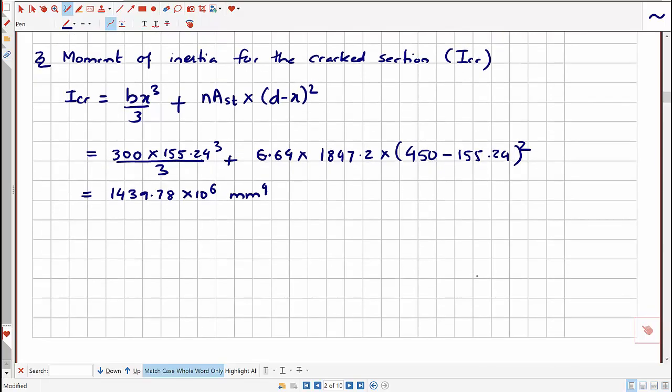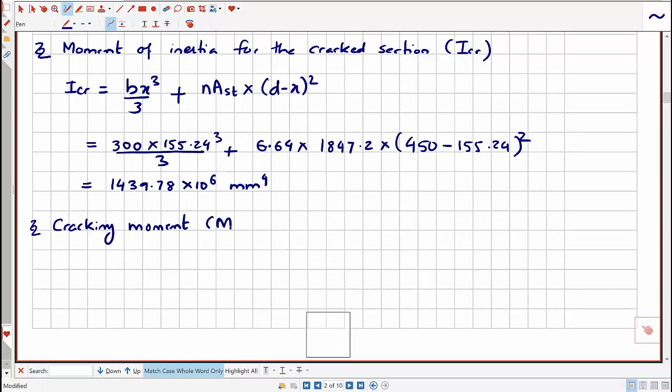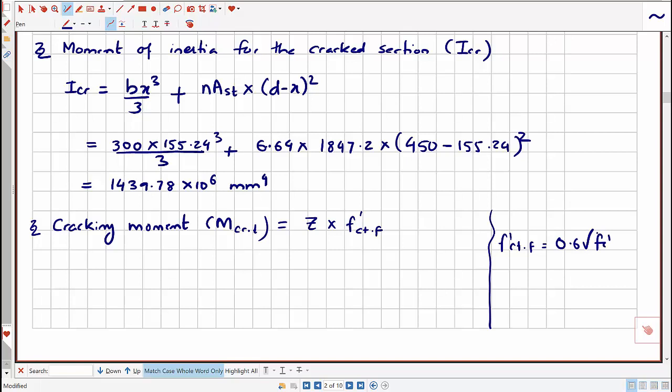But to find the effective moment of inertia, we need a few further parameters here. So let's find out what the cracking moment is. The cracking moment is the section modulus of the section multiplied by the flexural strength of the concrete. Now the flexural strength of the concrete, f'ct.f, we know is 0.6 multiplied by the square root of the compressive strength, and we have the compressive strength as 32 megapascal, so it comes as 3.39 MPa.